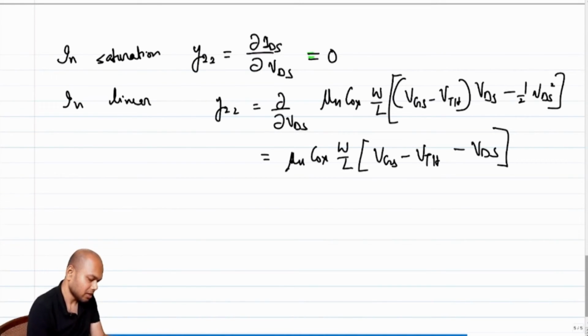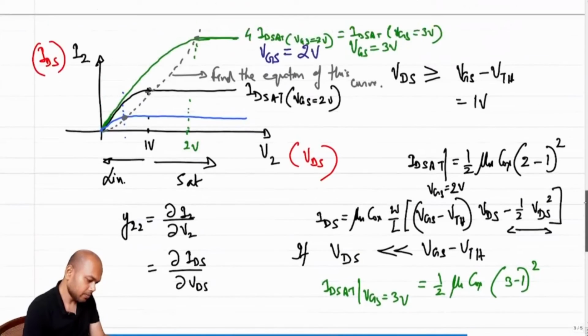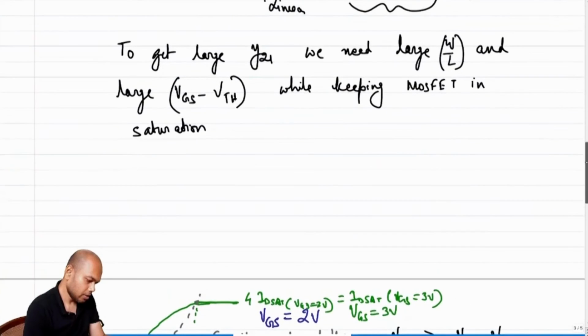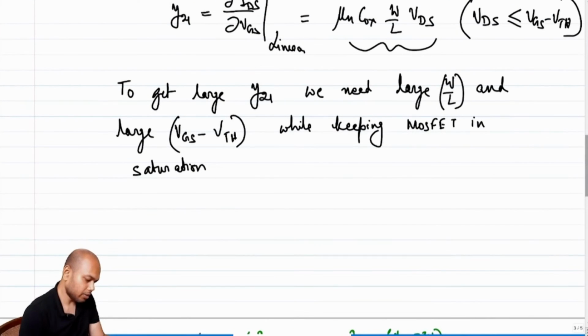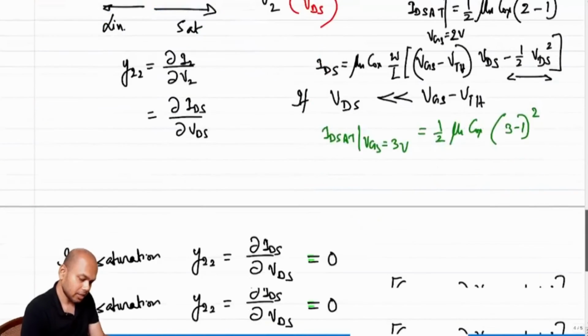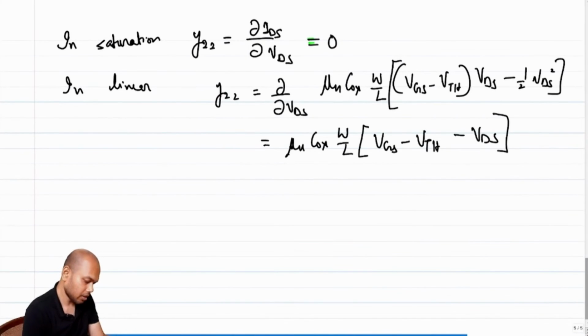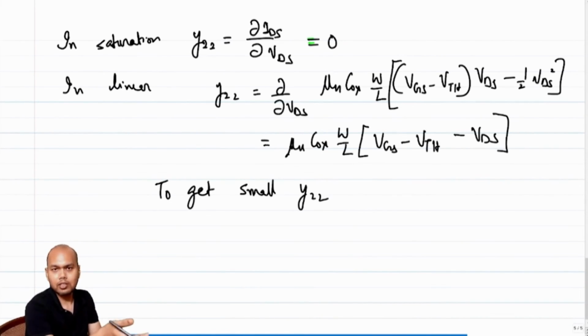So just like what we concluded, to get large y21, we needed to get into saturation region with some condition. Similarly, to get small y22, which is 0 in our case, very good, that is the best I can do.